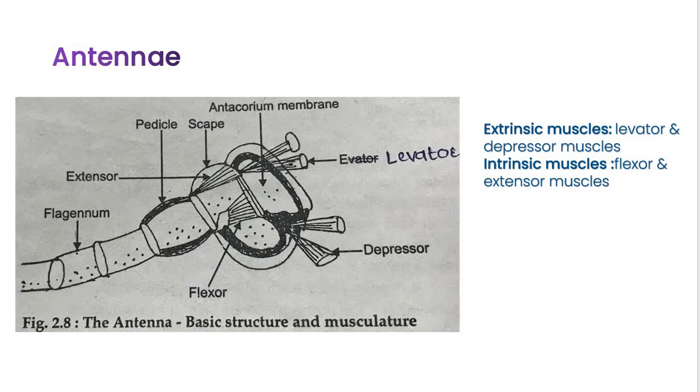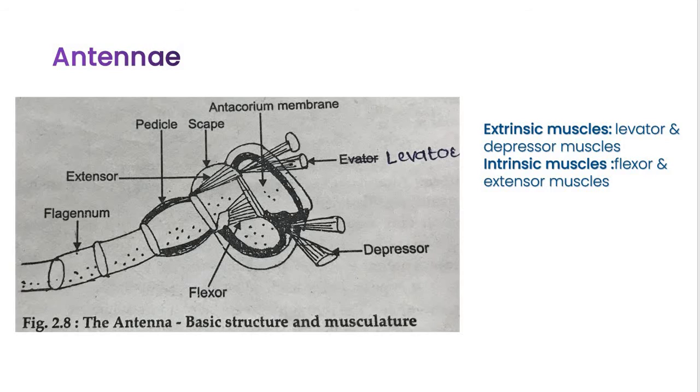Here you can see the basic structure of the antenna. This is the scape, the basal region of the antenna, the antennal base which is fixed in the antennal socket.